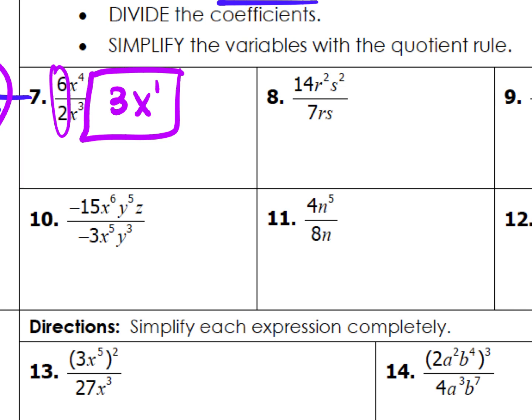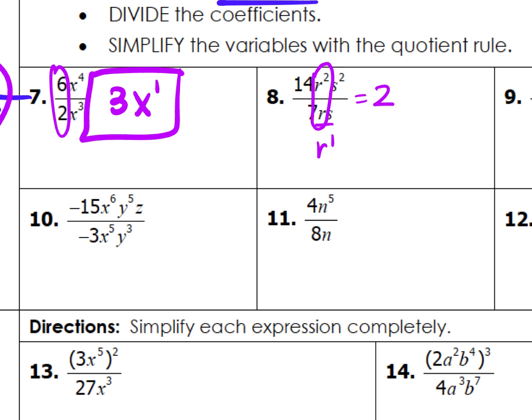2rs. Here is a very common mistake that I see made when any set of numbers has no exponent attached to it. 14 divided by 7 is 2. But I think people look at this and forget that an r is actually r to the first power.